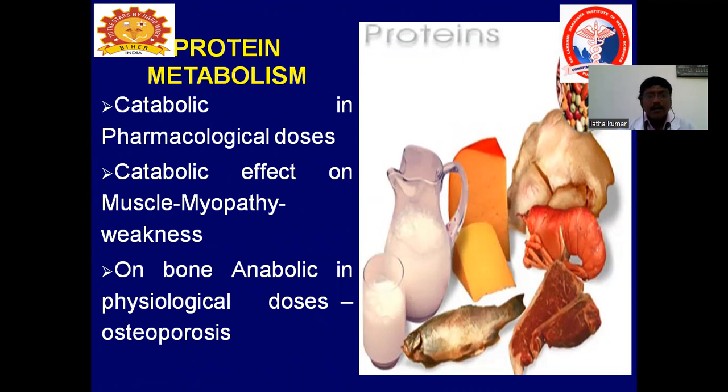There will be protein usage and catabolism of protein will take place and causes the development of the muscles normally. If in excess, it will cause muscle myopathy and weakness, and an excess dose will produce osteoporosis. So for the normal maintenance of protein, the thyroid should be at a normal level.